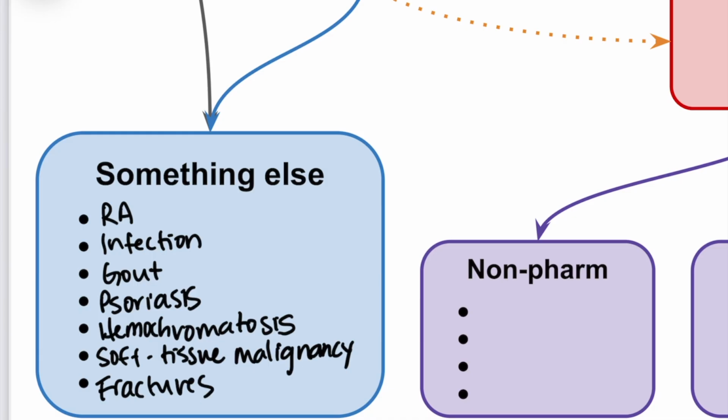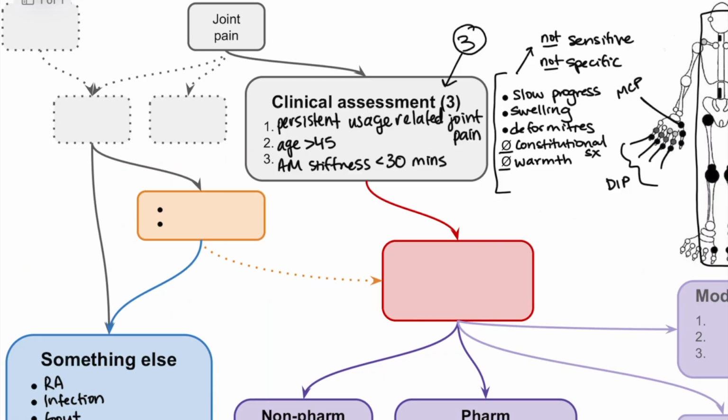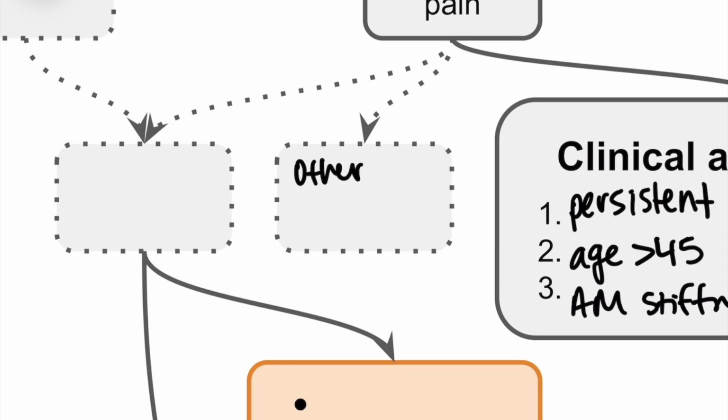To rule out some of these things, you might end up getting some other tests. That might include fluid aspirations, imaging like MRI, blood tests, such as testing for rheumatoid factor, etc. However, these tests are not necessary in order to achieve a diagnosis of osteoarthritis.